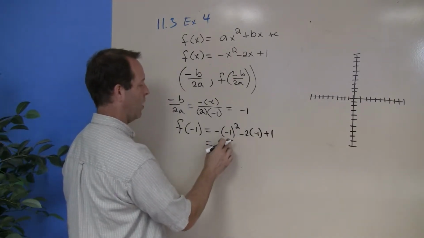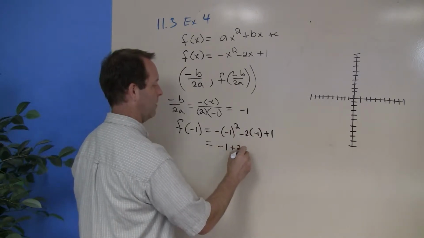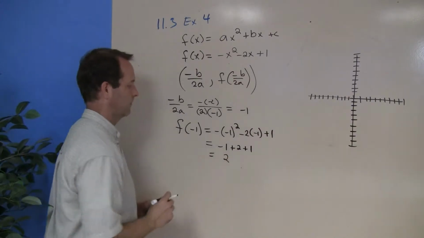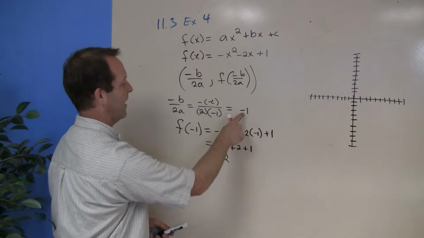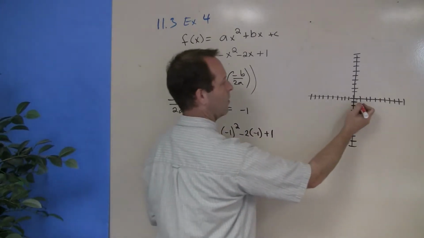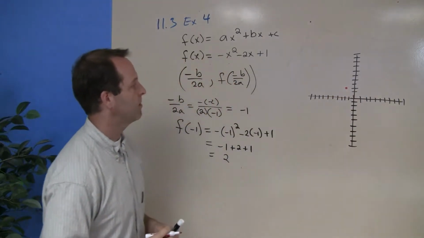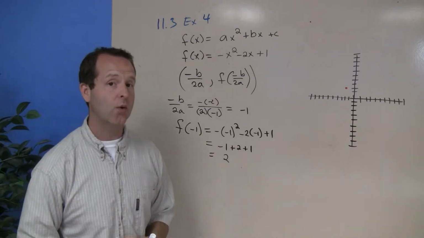Negative 1 squared is 1, negative 1, so negative 1 plus a 2 plus a 1. Looks like that gives me a 2. So my vertex is at the point negative 1, 2. So let's go backwards, negative 1, up 2. There's my vertex.